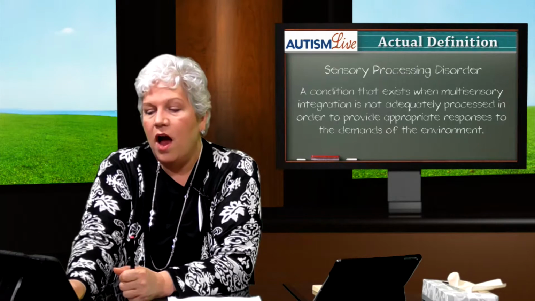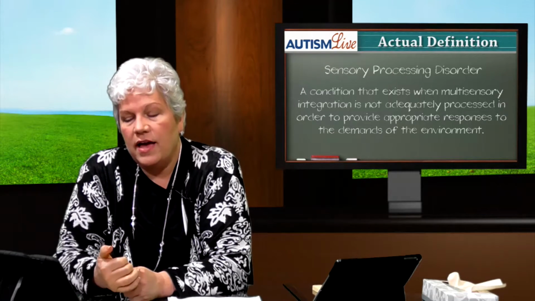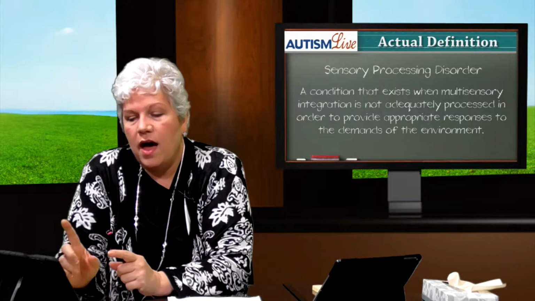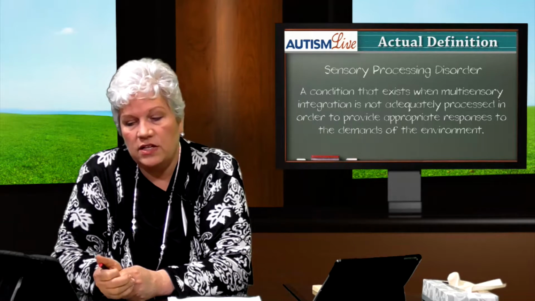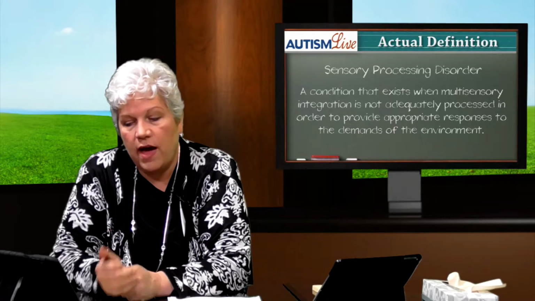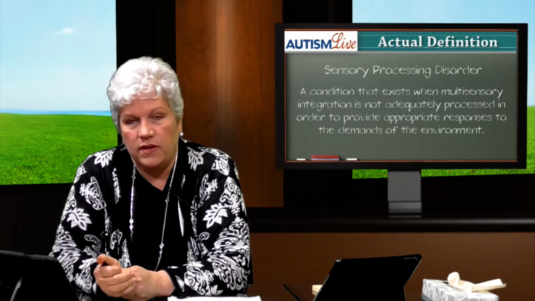So our actual definition, sensory processing disorder, and this is sometimes called other things too, is a condition that exists when multisensory integration is not adequately processed in order to provide appropriate responses to the demands of the environment.